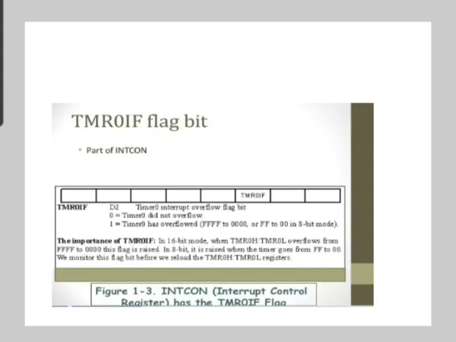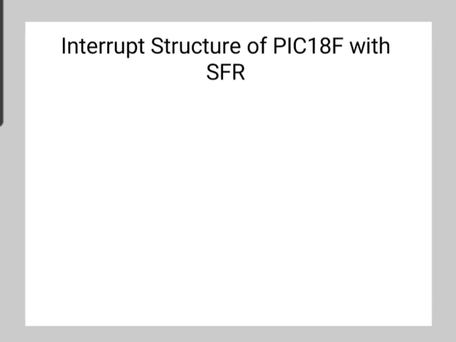And in 8-bit mode, it is raised when timer 0 goes from FF to 00. So we monitor this flag bit before we reload the timer 0H and L registers. So this is the interrupt control register which has the timer flag.